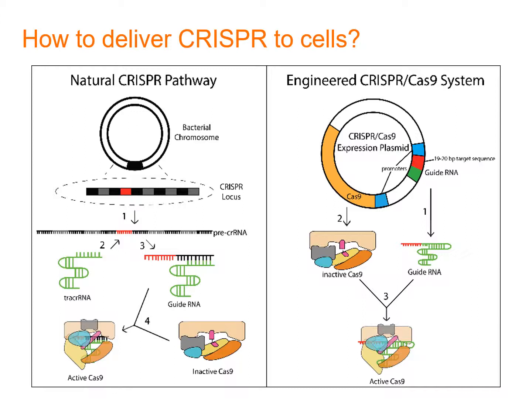We need Cas9. And then these blue segments are promoters. Promoters have the job of turning on the transcription of this target sequence DNA of the guide RNA, and also turning on the transcription and translation of the Cas9 gene.